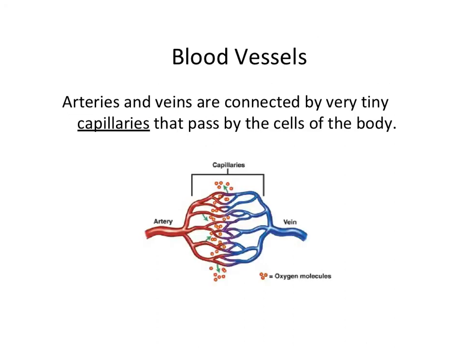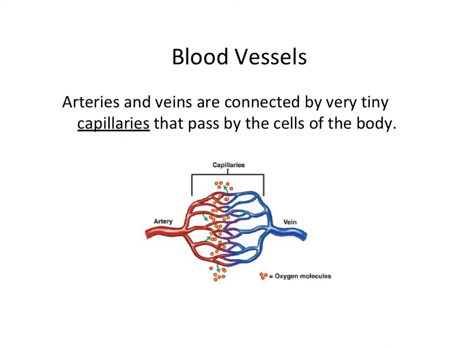So the last major type of blood vessel that we need to talk about is capillaries. Capillaries are the tiny, tiny blood vessels that connect arteries to veins. These capillaries are the ones that are going to be in contact with the cells of the body. This is where exchange occurs.